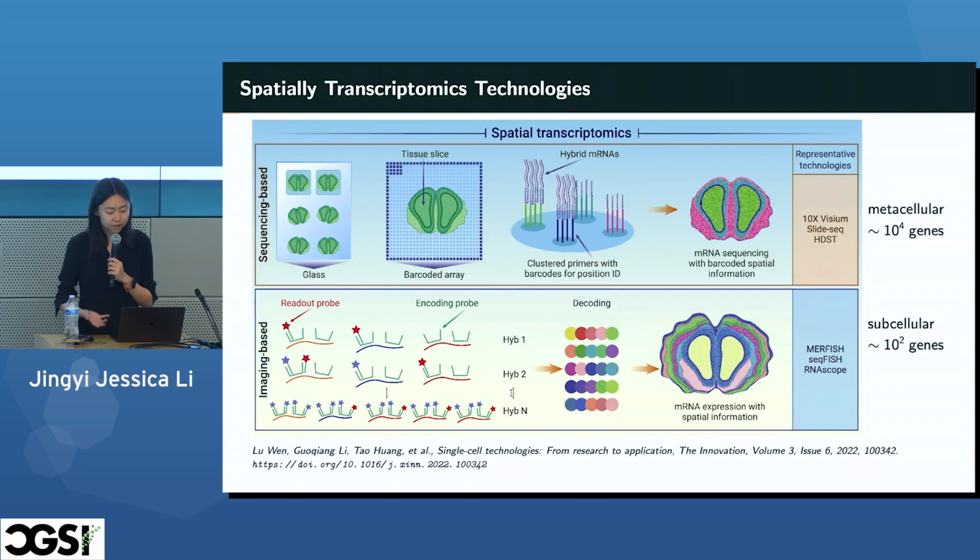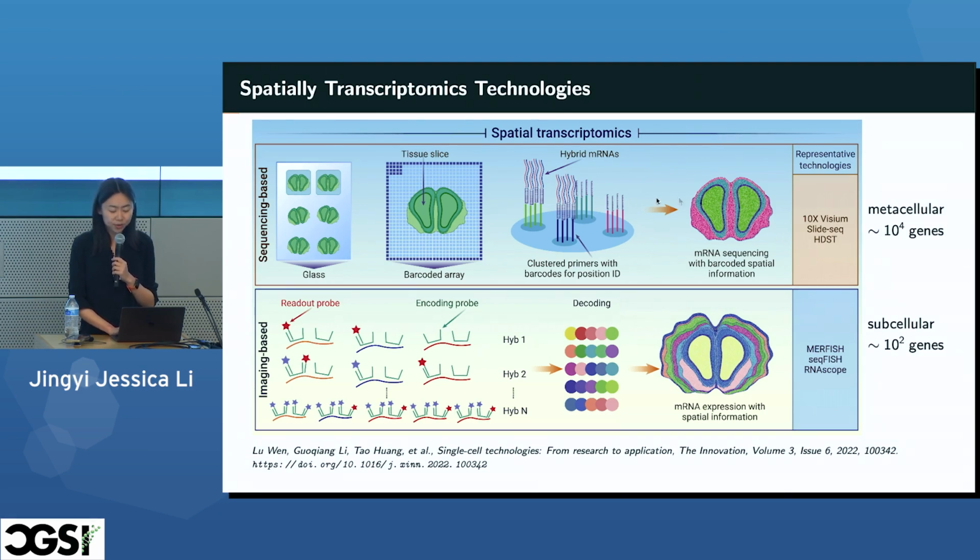So first of all, I want to introduce the spatial transcriptomics technologies. As you have heard from Ben's talk before, there are two major types of technologies, sequencing-based and imaging-based. They use different chemistry to measure gene expression levels in a tissue slice with spatial information recorded. And they have complementary advantages.